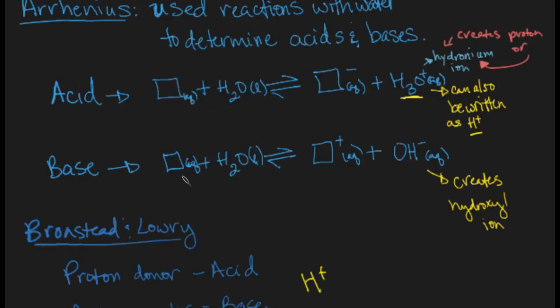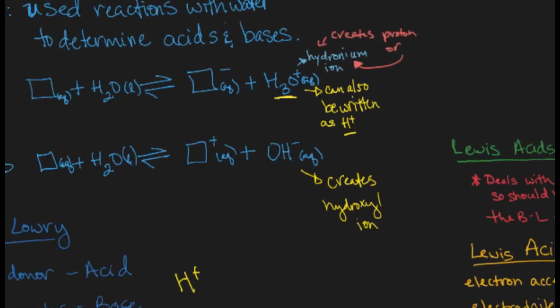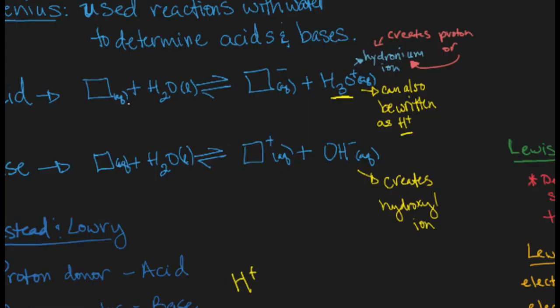All right. This accepts a proton to get this. So it fits a classical Bronsted-Lowry definition. Same thing with Lewis acids and bases. We're going to have the accepting of electrons to form the bond here, as well as the donation of the bonds up there.